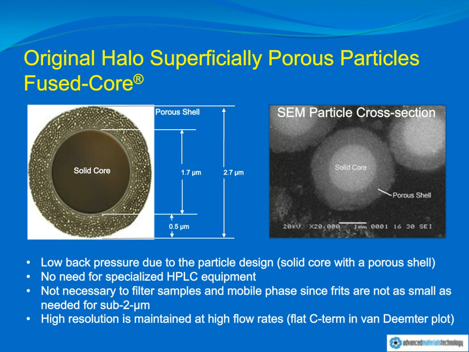And a way of looking at it is that the column efficiency of a superficially porous particle in actual use is equivalent to a much smaller totally porous particle. The disadvantage of such so-called sub-2 micron or micro particles being that they do generate significant back pressure.